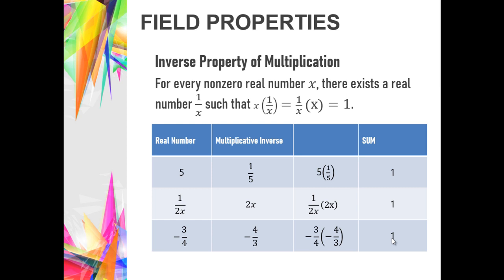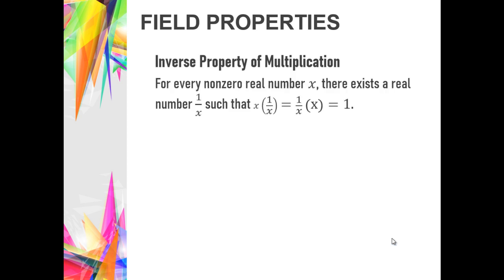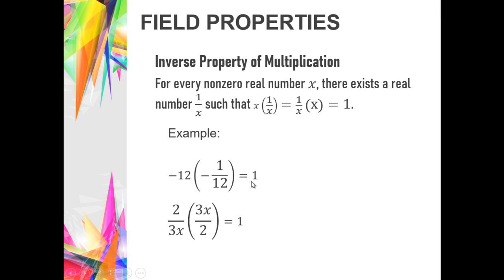And how to get the multiplicative inverse. For example, we have negative 12 times negative 1 over 12 equals 1. 2 over 3x times 3x over 2 equals 1. You see here that whatever sign your given has, the same sign applies to your inverse.